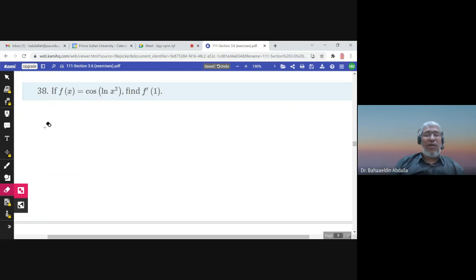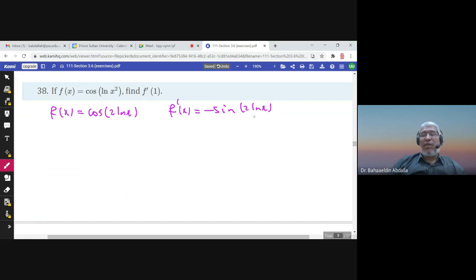Whenever I have ln x squared, I can write it as cosine 2 ln x. And now f prime of x would be again negative sine 2 ln x times the derivative of 2 ln x, which is 2, times the derivative of ln x, which is 1 over x.